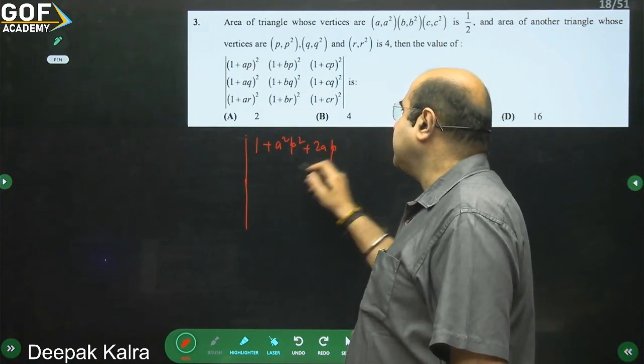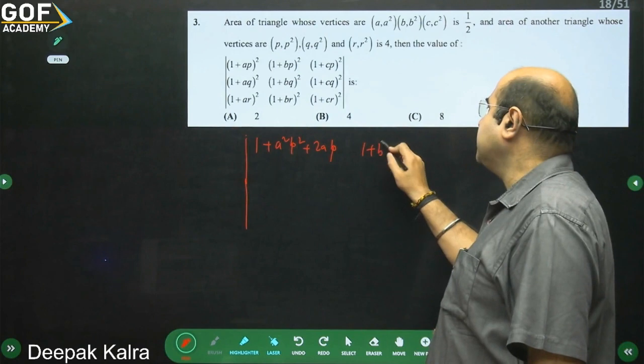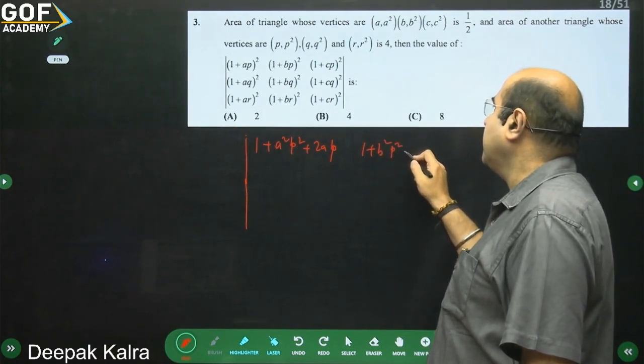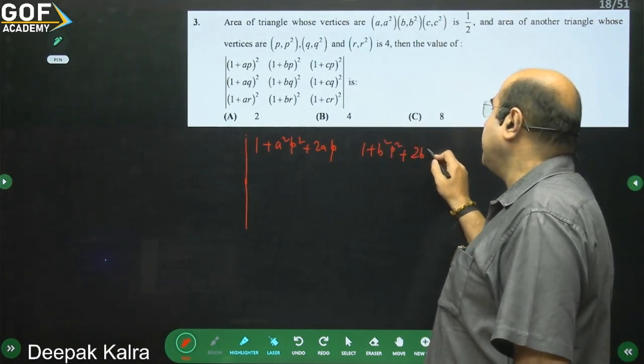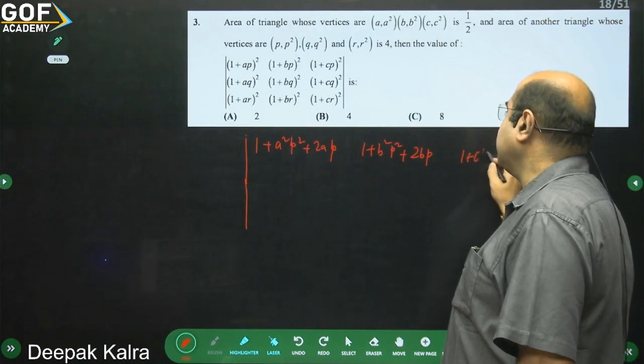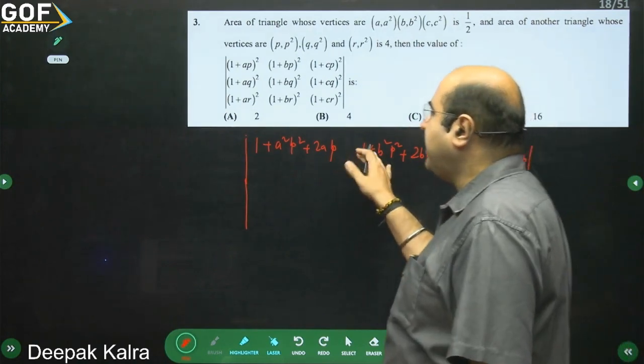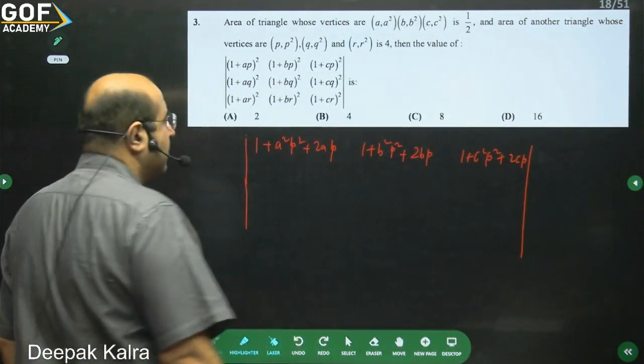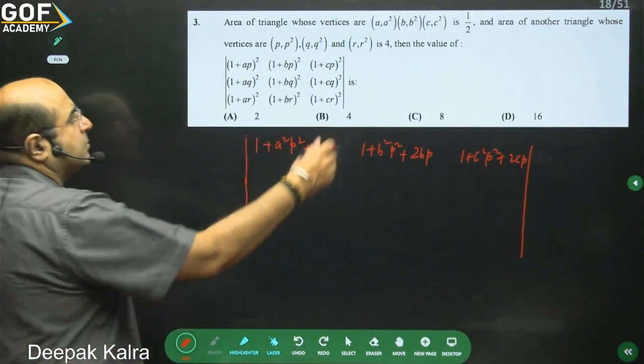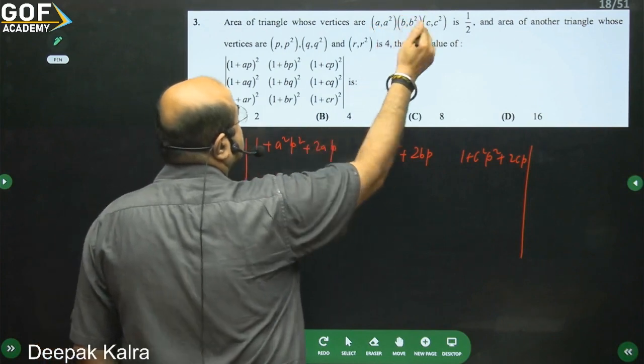Similarly, the next one will come 1 plus b square p square plus 2bp, and 1 plus c square p square plus 2cp. They are just like some identical things running. You need to make something possible with respect to these.